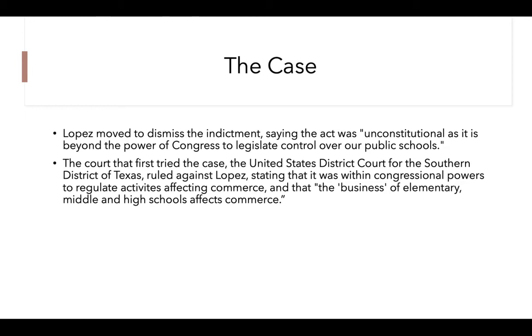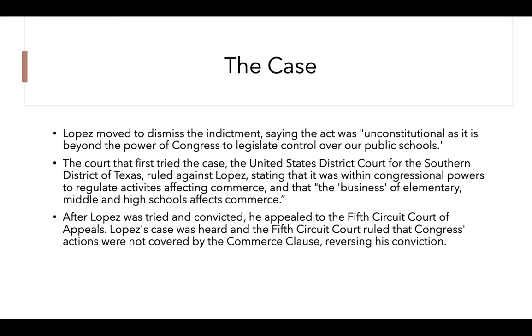But not just that, the business of elementary, middle, and high schools affects commerce itself. So what commerce is harmed by some student coming in with a weapon? It can harm the ability of effective teaching, effective business practices for nearby businesses, as well as the mental, physical, and spiritual harm that it causes upon students, faculty, and staff.